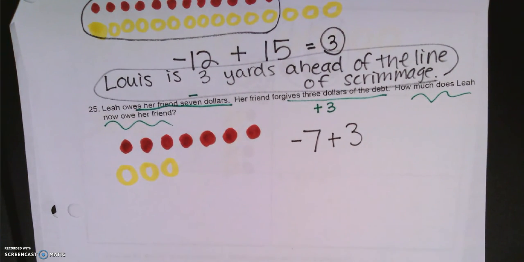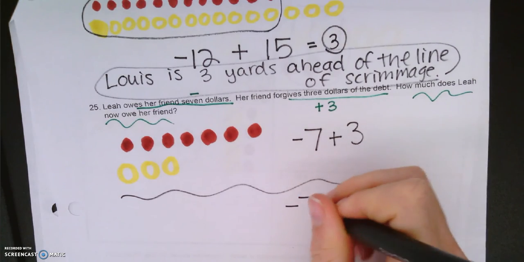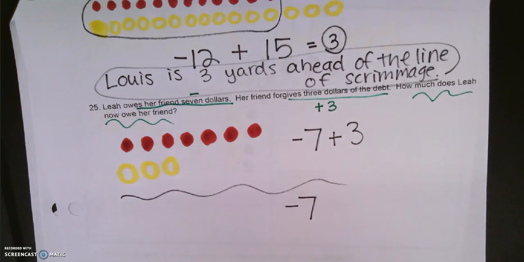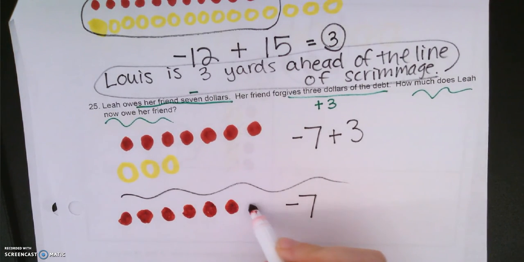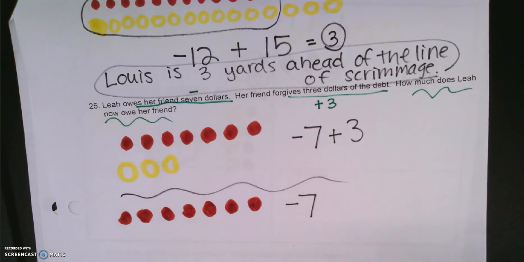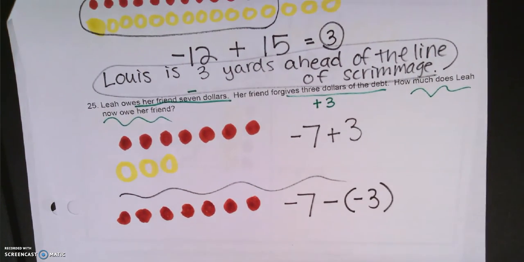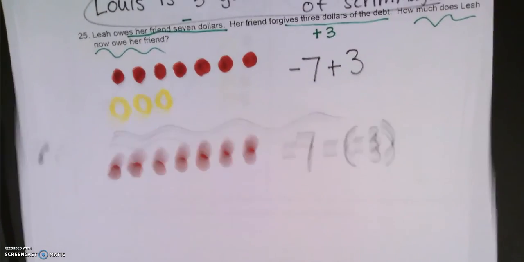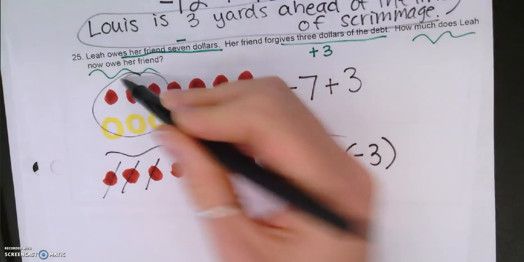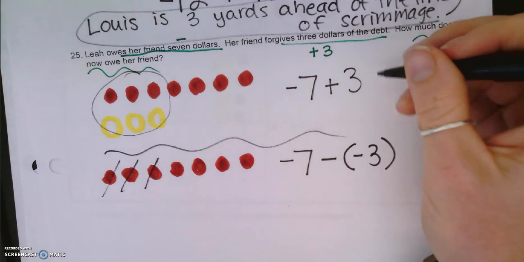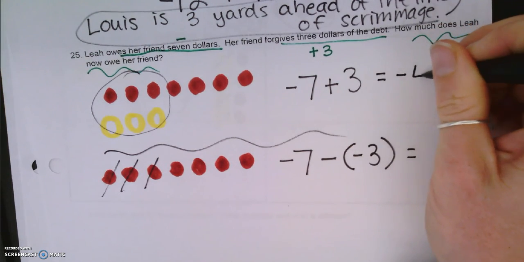But you could also think of it as that she owes the $7, and her friend took away -3 of the debt. So if I was going to take away with my model, I'd just cross them out. Either way, both of these are equal to -4.